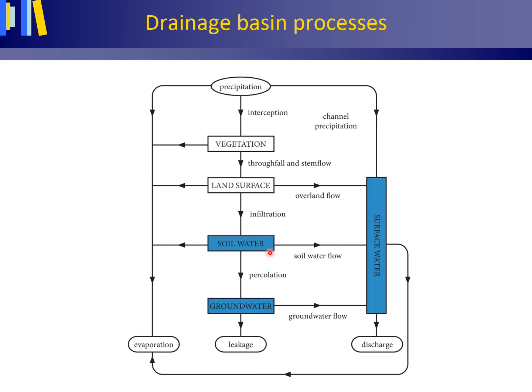It is stored as soil water, and from there it can also evaporate as soil evaporation, bodemverdamping. But it can also flow through your soil matrix, or it can even bypass your matrix. I'll talk about that later on, and contribute to your surface water flow in your stream.